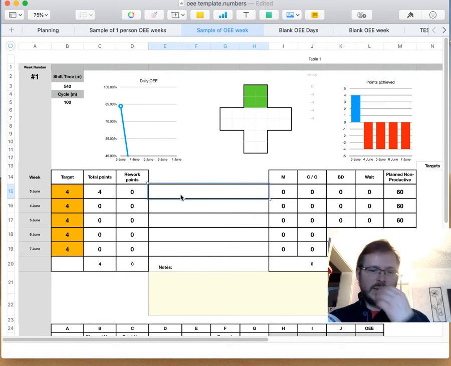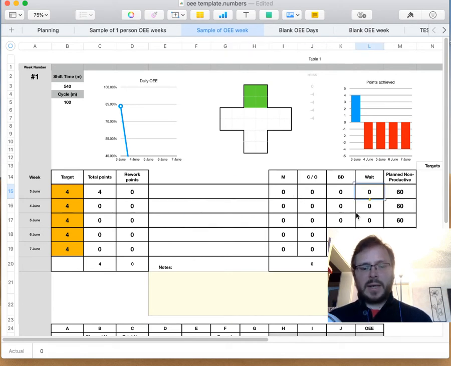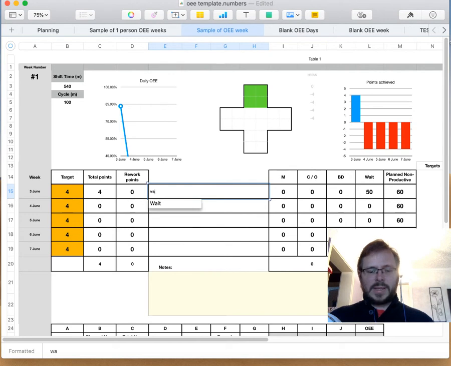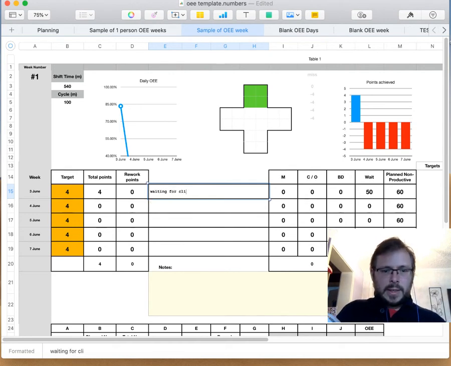The only bit that you need to decide on for your own practices is whether you want to follow the traditional model and only record issues or observations in this text box for notes. Maybe you want to say there was a 50-minute downtime for waiting, because this was waiting for client review.